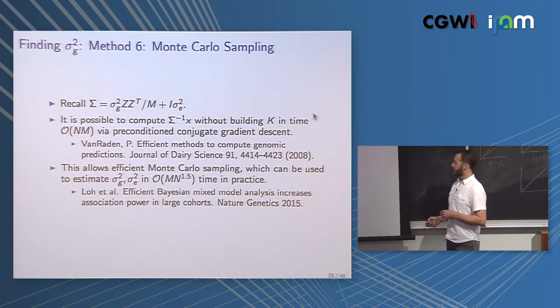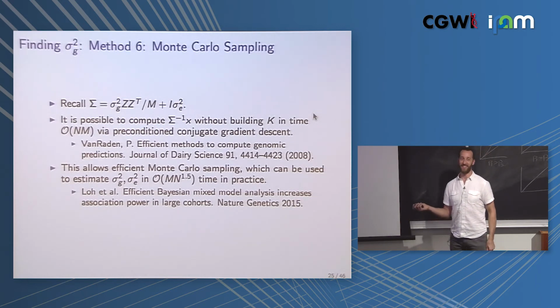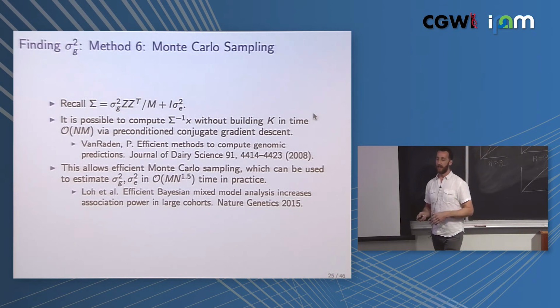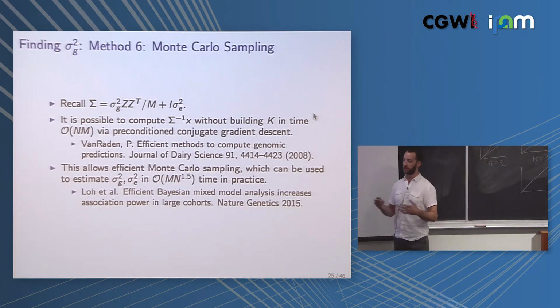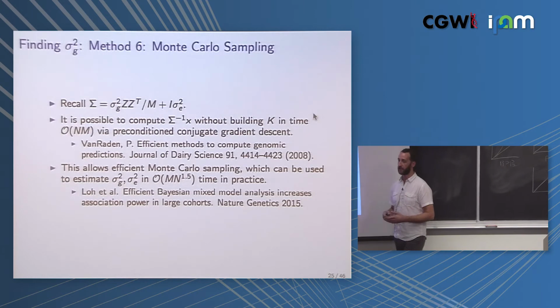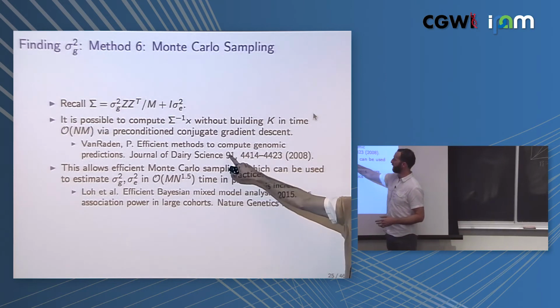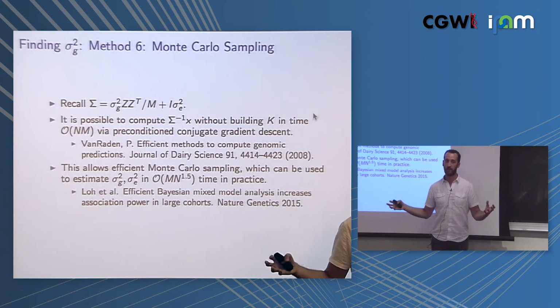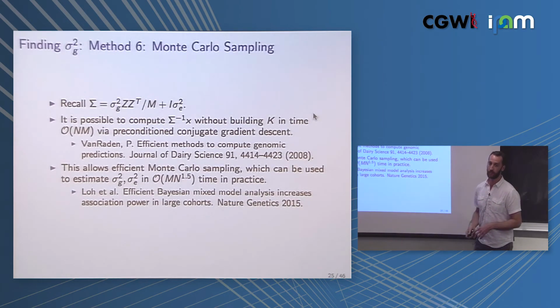The last one, it's too bad Poru left, is a really cool paper that he wrote. Instead of spectral decomposition or this AI-REML, we're going to do some Monte Carlo sampling to get to sigma g squared. He used the results of this paper, which said we can compute the sigma inverse x using this preconditioned conjugate gradient descent.